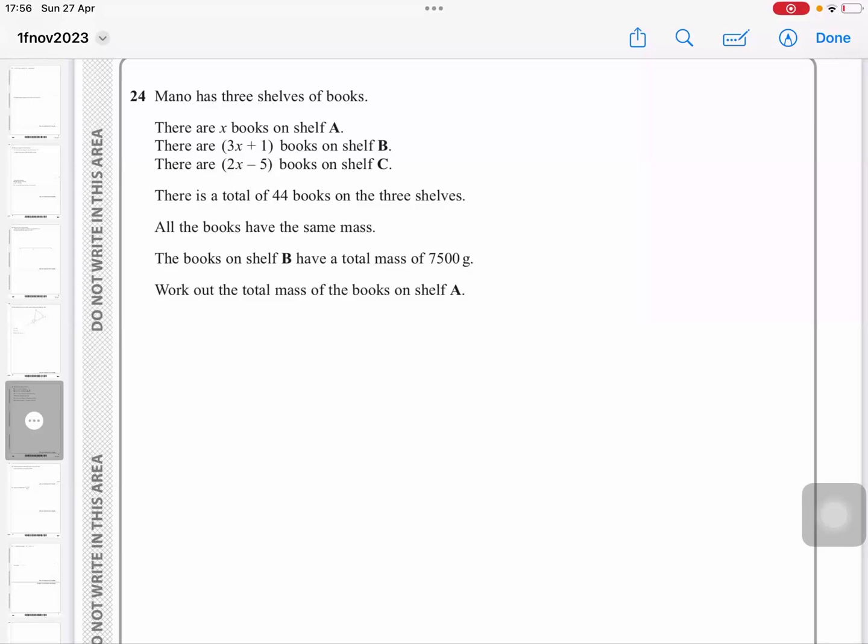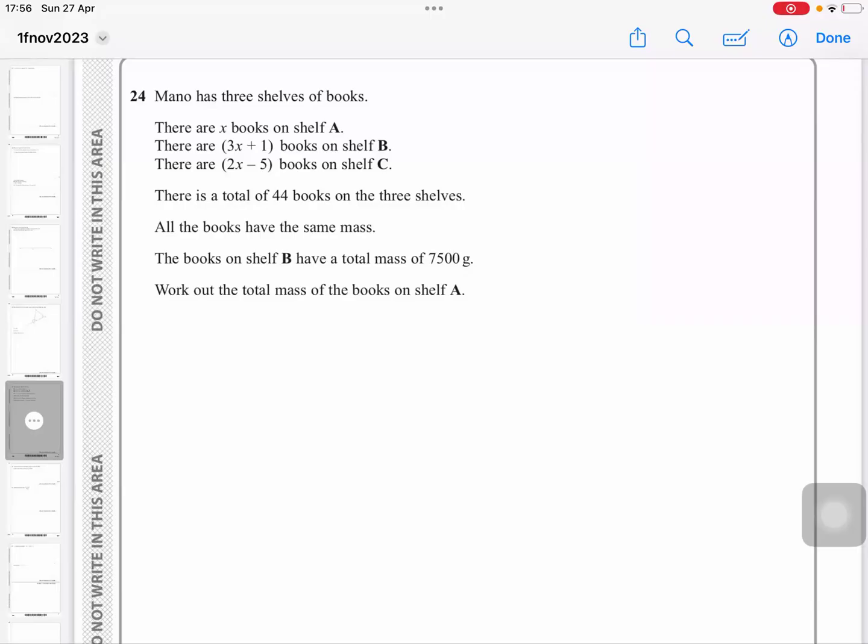Remember, 6x equals 48. So divide both sides by 6. What will you have? 48 divided by 6. Is it 8? 8, yes, correct. Okay, so again, your multiplication table will help right now. So now we know what X is.